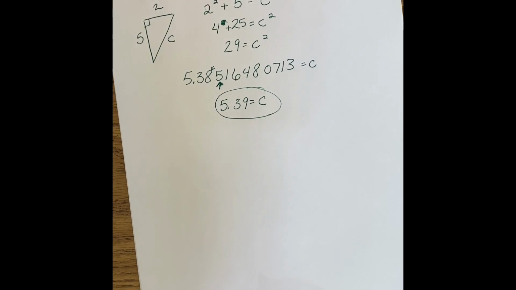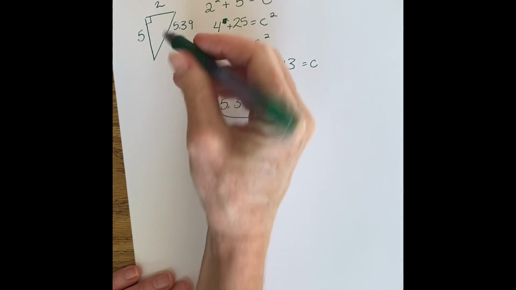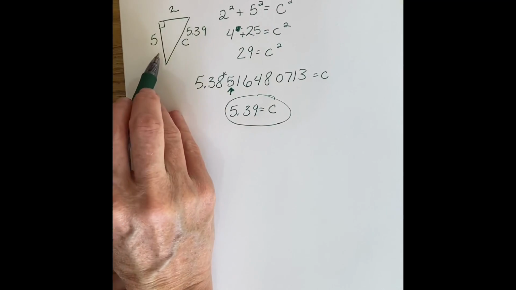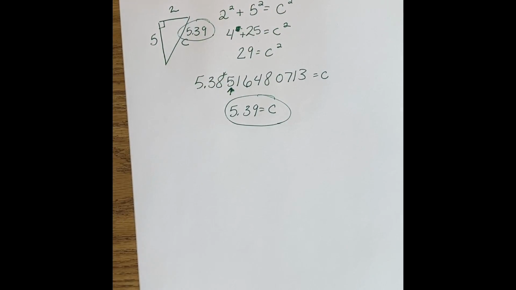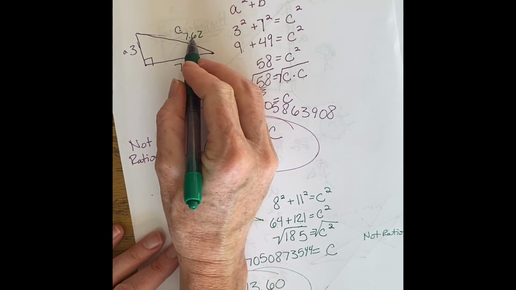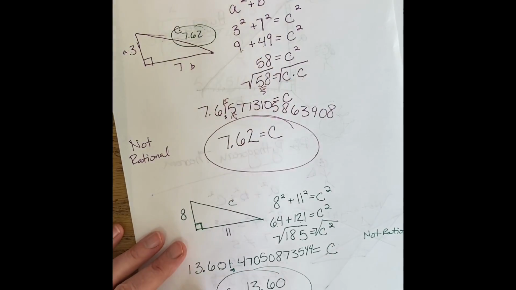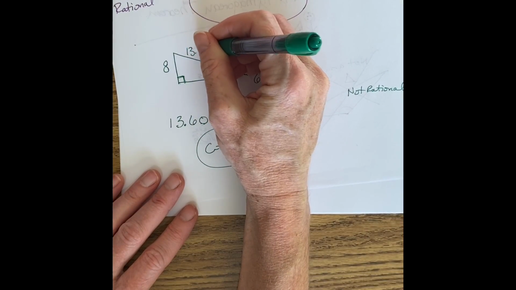It's 5.39. If you look, 5.39, 5, 2. Which one's the biggest length? 5.39. The hypotenuse is the biggest. Let's look at this one. This one was 7.62. We have 7.62, we have 7, and we have 3. Which one was the biggest? The hypotenuse. Let's look at this one. We have 13.60.